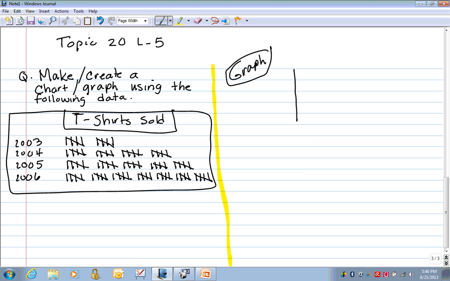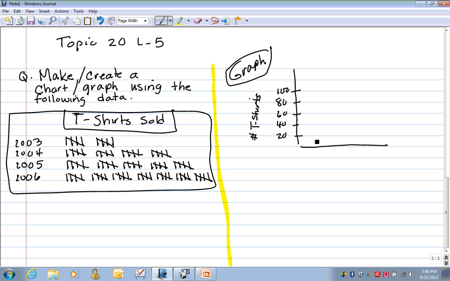And let's go over here. And let's start at 0, and we'll do 20, 40, 60, 80, 100. This is the number of t-shirts.